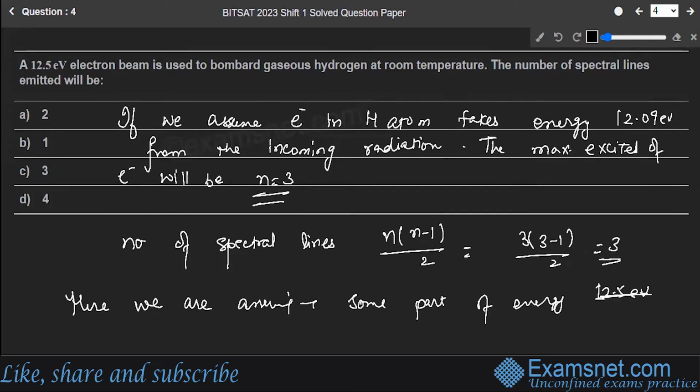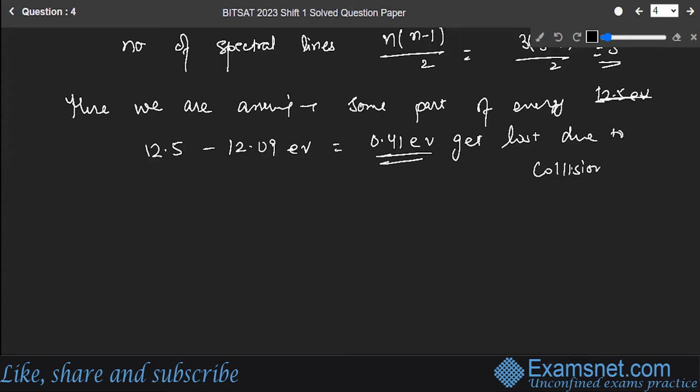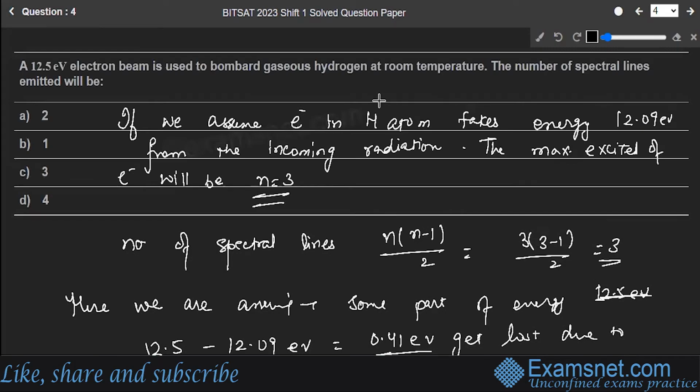Let's write it here: 12.5 minus 12.09 electron volt, that is 0.41 electron volt, gets lost due to this collision. All right, so that makes option C the right answer.